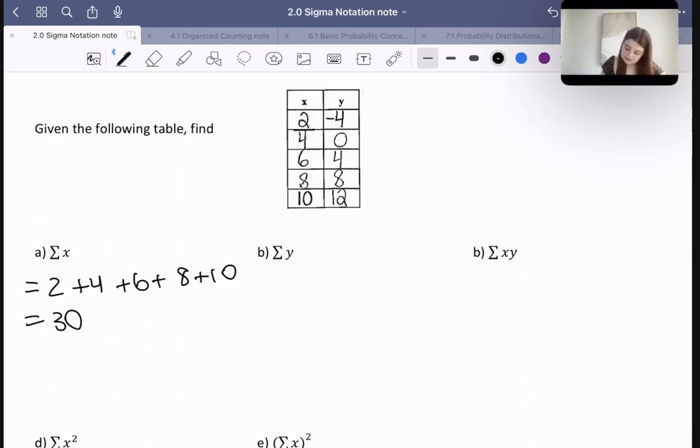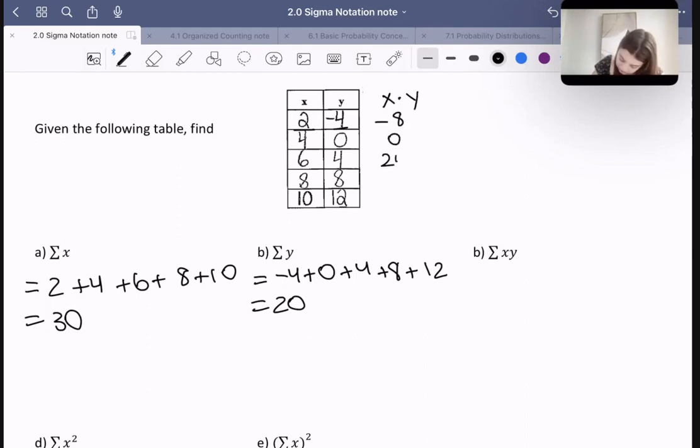Now, how about this next one, sigma y? We need to add up negative 4 plus 0 plus 4 plus 8 plus 12. Let's see, so that's going to be 20 if we add those up. Then we have sigma of x times y. So let's see, well, what's x times y? Well, in this case, it's going to be negative 8. Here it's going to be 0. Here 24, 64, and 120.